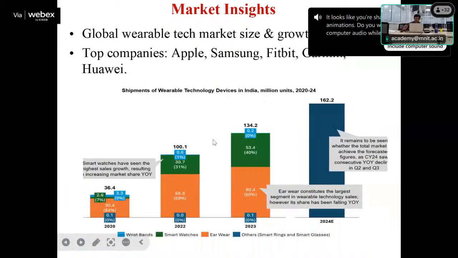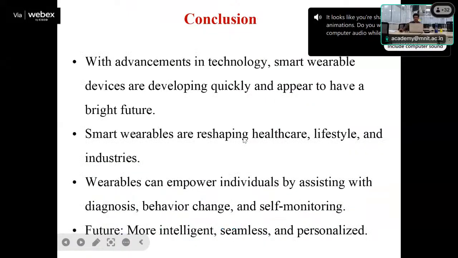On market trends, you can observe that many big giants like Apple, Samsung, and Fitbit are investing lots of money in smartwatches and smart wearable devices. I predict that in two years, we will all be habitual with such smart wearable devices. We will wear them and monitor our important parameters through them.